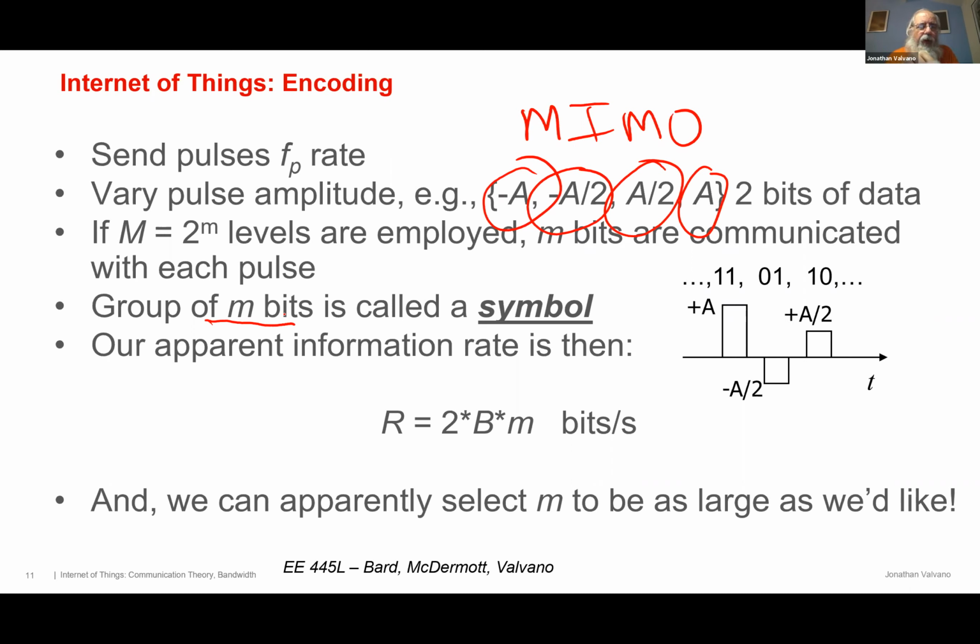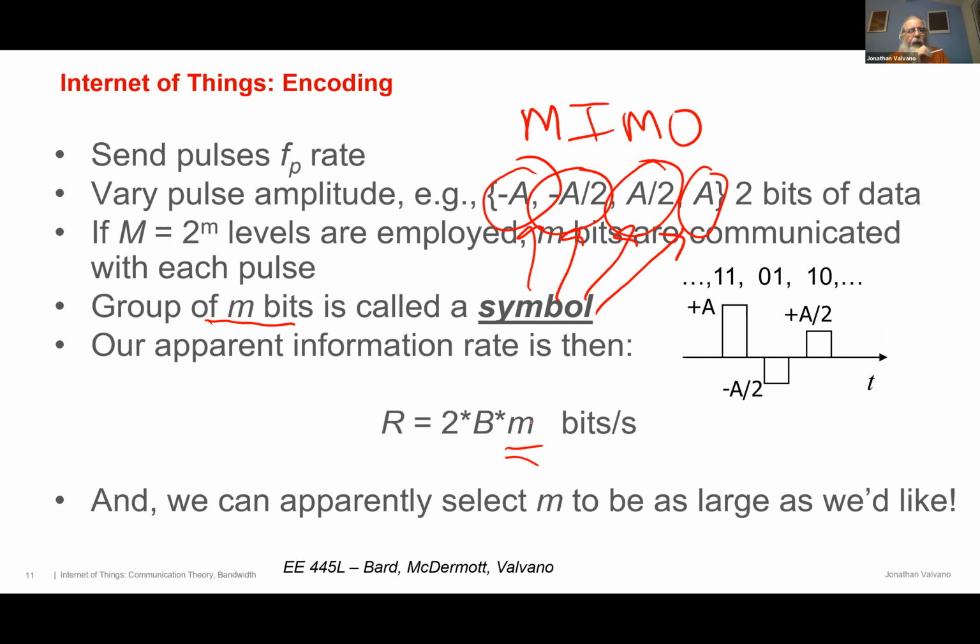But I'm going to encode more bits into each pulse, call each thing a symbol. So these are the symbols. And if I do this one little thing, I've doubled my information rate, or whatever m is.